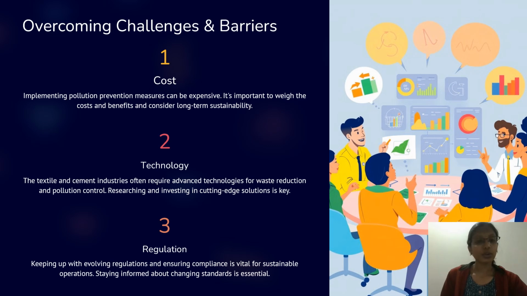Then I have overcoming challenges and barriers. Implementing pollution prevention, we have cost, technology, and regulation. Implementing pollution prevention measures can be expensive. It is important to weigh the costs and benefits and consider long-term sustainability. Then the technology. The textile and cement industries often require advanced technologies for waste reduction and pollution control.